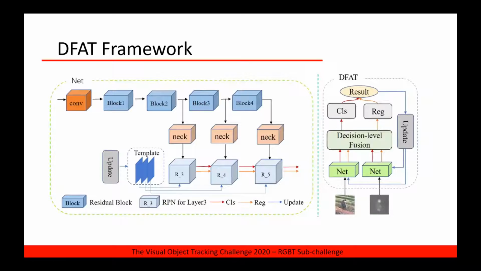Here, we show the framework of our DFAT. Further improvement can be achieved by combining the aforementioned multi-stage fusion strategies. Here, we only perform decision level fusion, and we also considered a template update mode using a moving average for both the RGB and the thermal template.